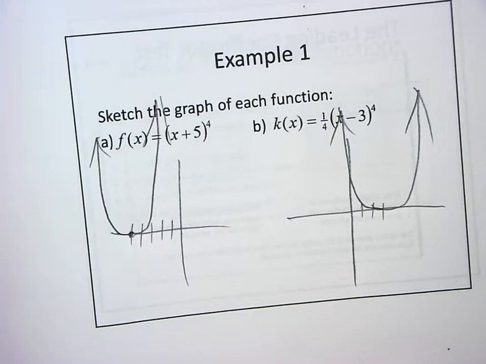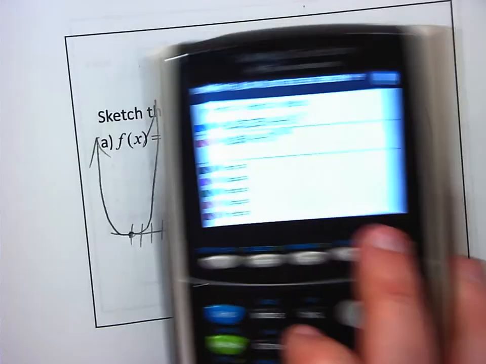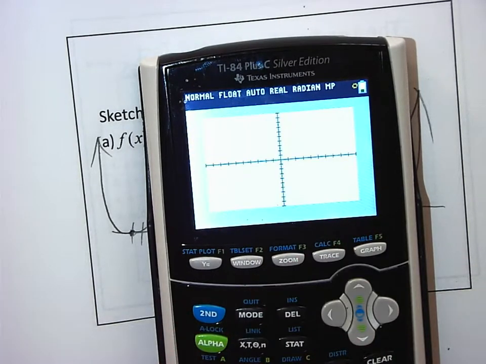But if I could just compare, I'll graph both of them for you. If I just compare it without that, -3 raised to the fourth. So if I just graph both these with and without, there's with the 1/4 out front.